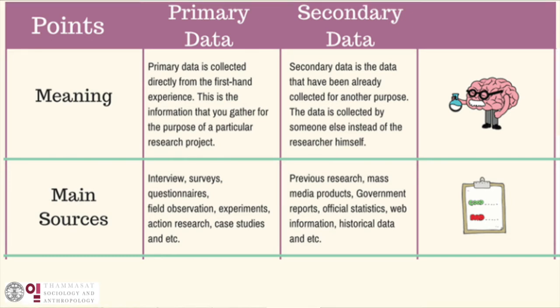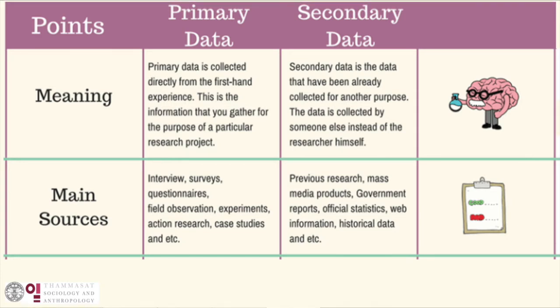First of all, primary data is collected from first-hand experience. This is the information gathered for the purpose of a particular research project, which revolves around asking a specific research question, and because of that research question, a specific research methodology is pursued.